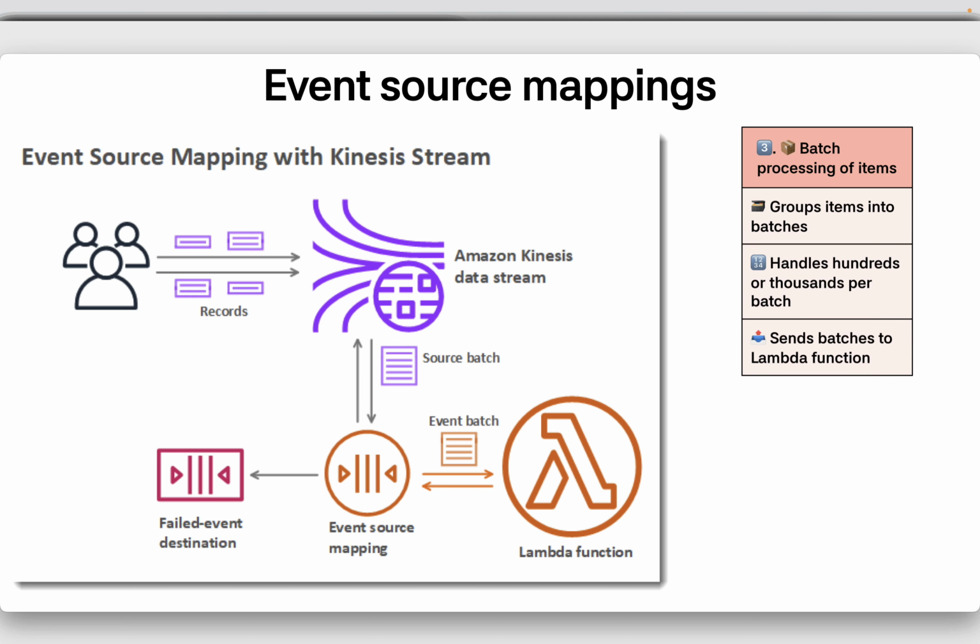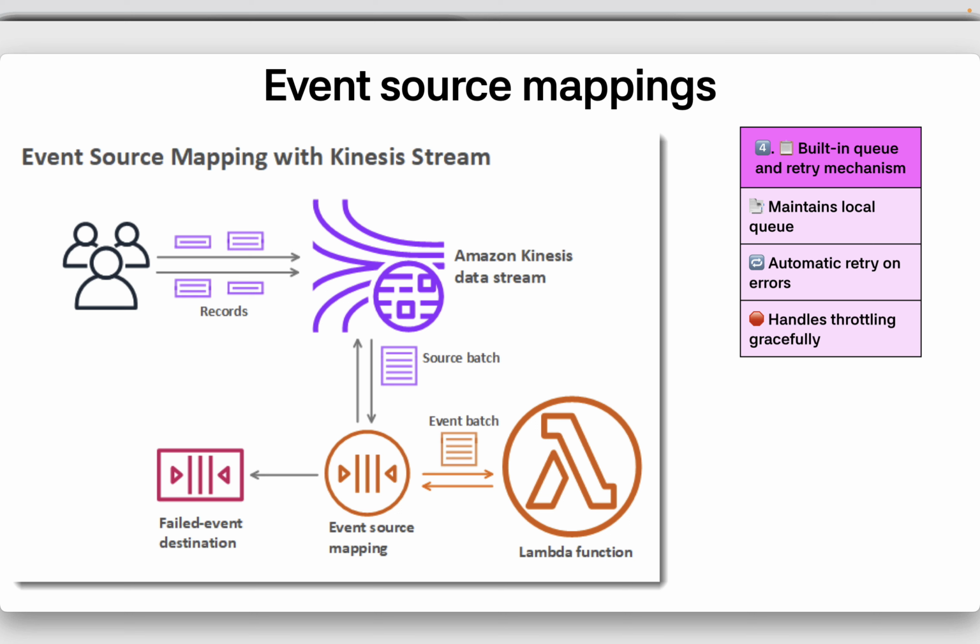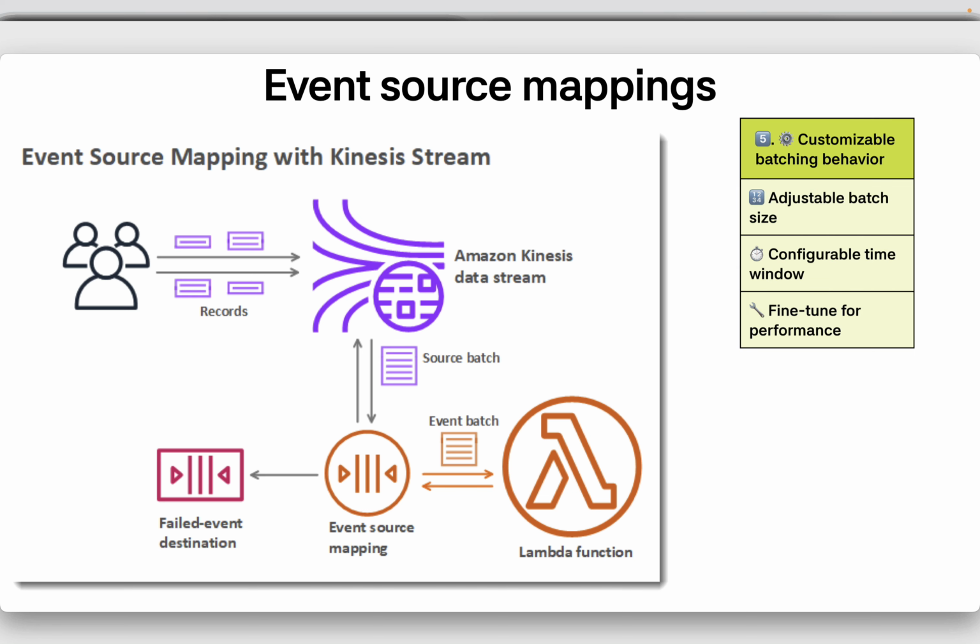Items are read and sent to the Lambda function in batches, potentially containing hundreds or thousands of items per batch. Event source mappings maintain a local queue for items and automatically handle retries if the function encounters errors or throttling. You can customize the batching behavior by setting the batch size, that is the number of items, and the batching window, the time duration.